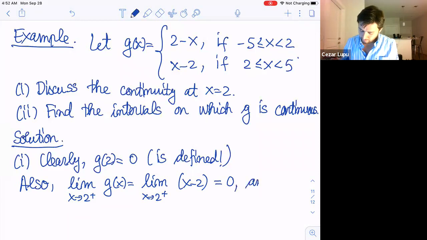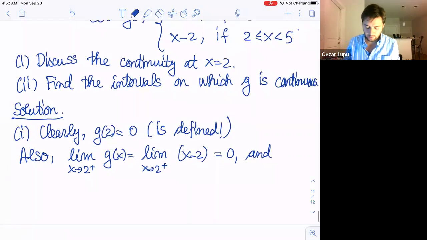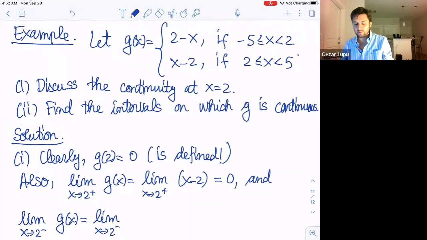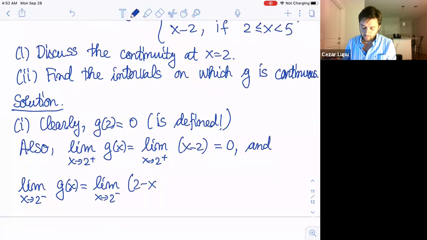And let's see what happens with the left hand limit. So the limit as x approaches 2 from the left of g of x will be nothing else than just the limit as x approaches 2 from the left of, these are the values less than 2, of 2 minus x. And if we plug it in, we get 0.